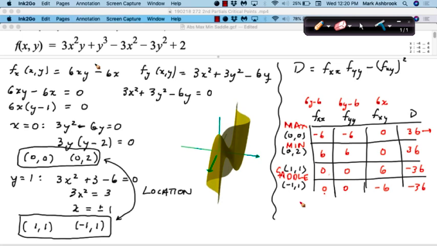So x might be some distance that's constrained in the real world. Same with y. Given those constraints, we want to find the very biggest or very smallest that your output variable f could be. So we'll use this problem again as an example. Any questions from last time on critical points, max, min, saddle?